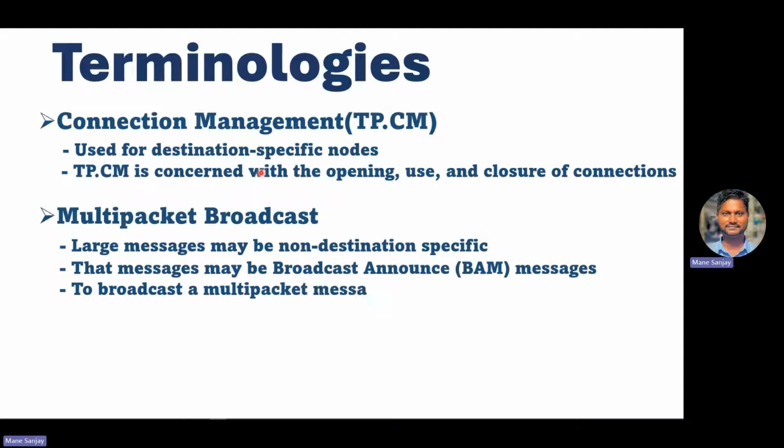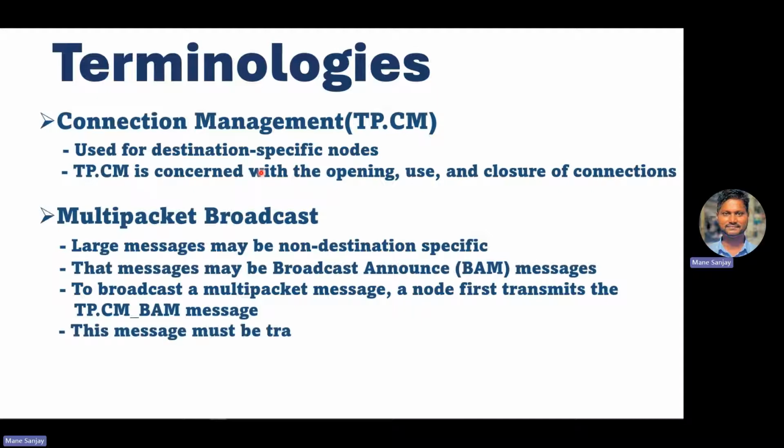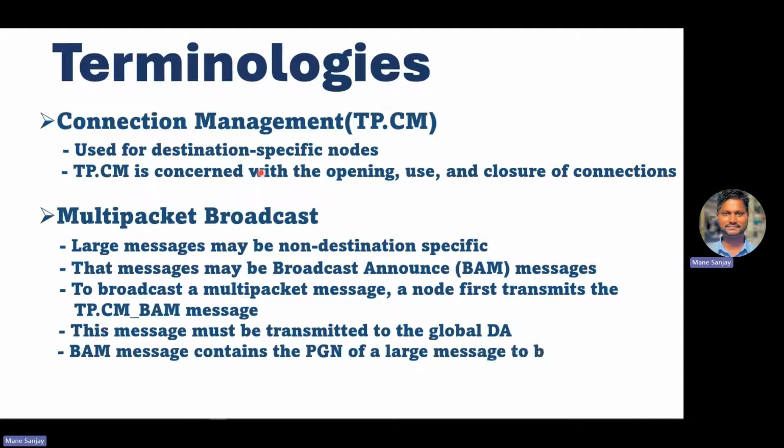To broadcast multiple messages, a node first transmits the TP.CM broadcast announce message. Once it transmits this message, it must be transmitted to the global destination address. The receiving nodes present in the network then understand this is a broadcast announce message.